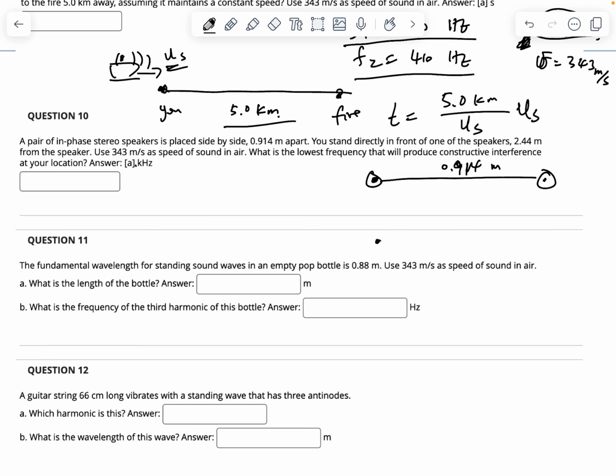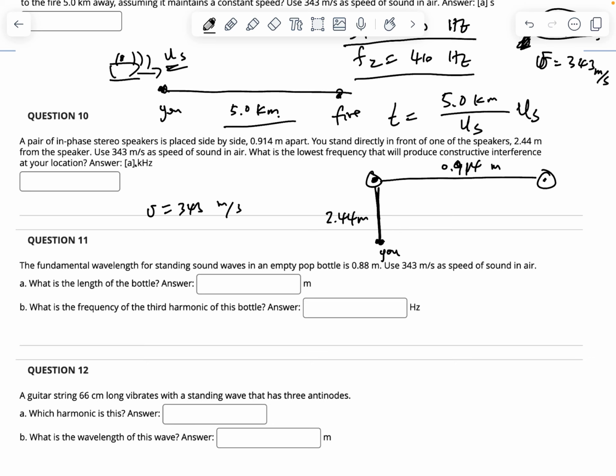Okay, so in front, right? So this is you. And this is 2.44 meter. Okay, I did not draw that in a good proportion. Use V equal to 343 meter per second.